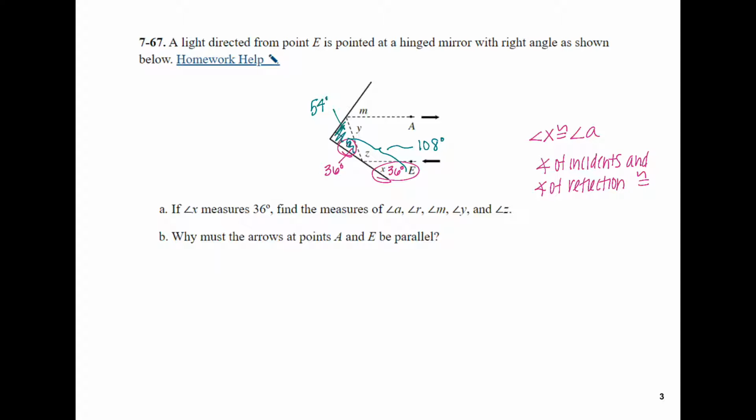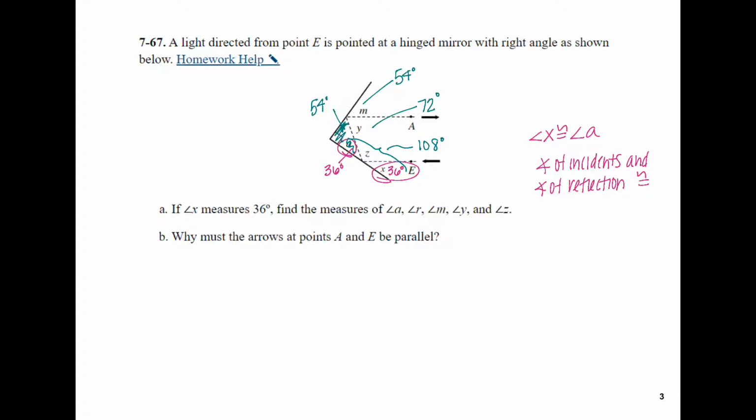So 180 minus 108 tells me that angle Y is 72 degrees. Angles R, Y, and M form a straight line which equals 180 degrees. 180 minus 54 minus 72 tells me that angle M is also 54 degrees.